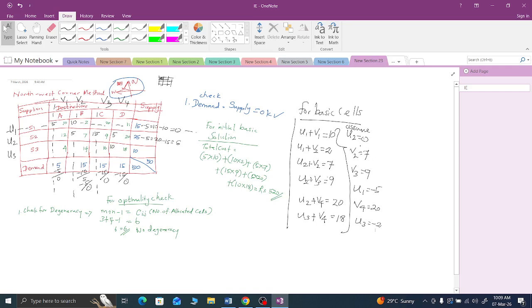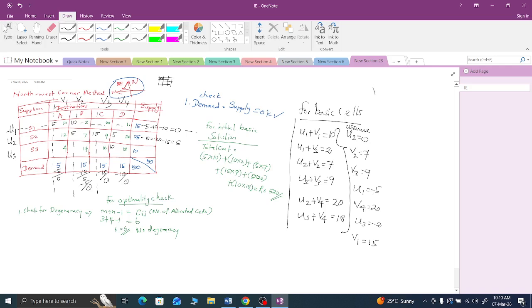So you know u2, u1, u3, and v2. You need v1. Here u1 is minus 5, so v1 is equal to 15, yes. So that is 7 values. You know u1, u2, u3, v1, v2, v3, v4. Now you know all the values of the shadow costs.